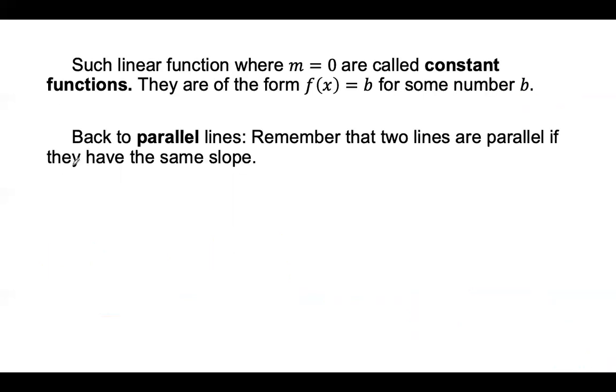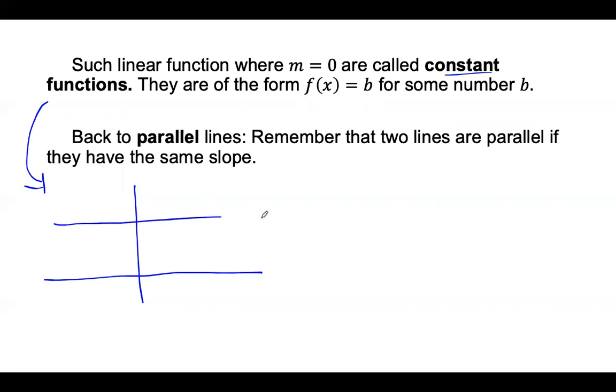I'll draw it here. Such linear functions when m equals 0 are called constant functions, and they're of this particular form. When m is equal to 0, m times x is 0, so the function is just equal to that constant b. So we can essentially draw the picture. It's just going to be like this. That's what a constant function looks like.